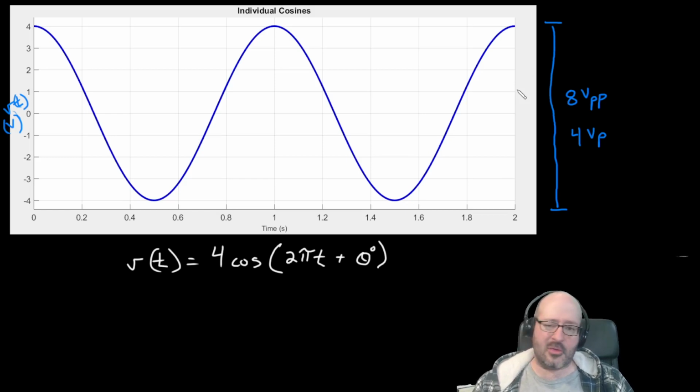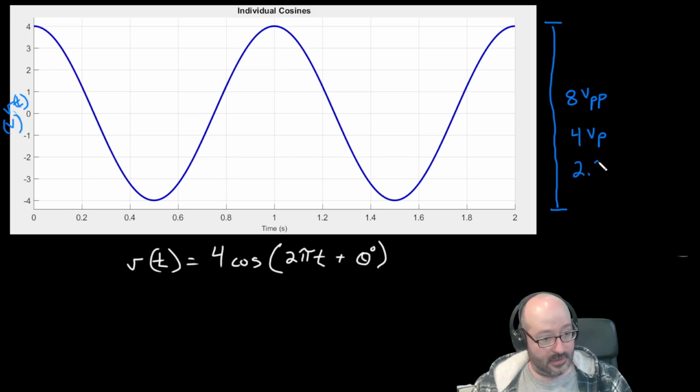The other one I mentioned is called RMS, and we would divide by root 2, which would give us a magnitude in the neighborhood of 2.828, and you'd see that sometimes as VRMS.